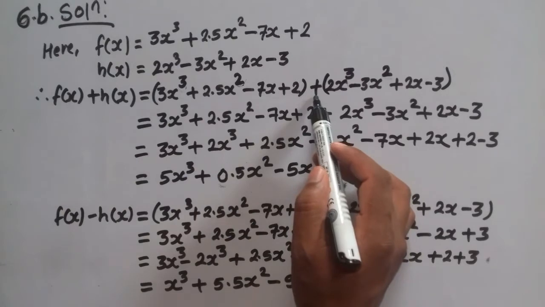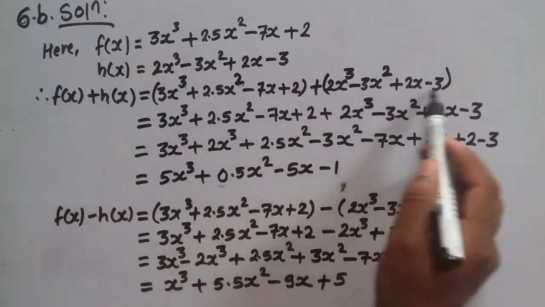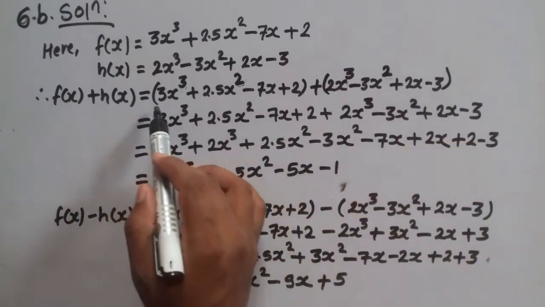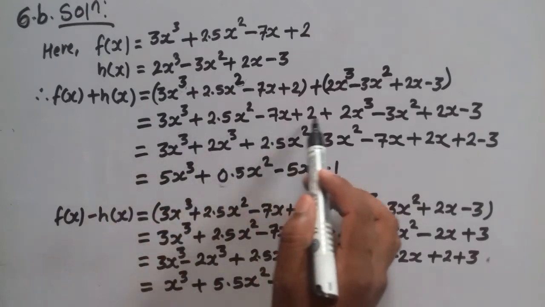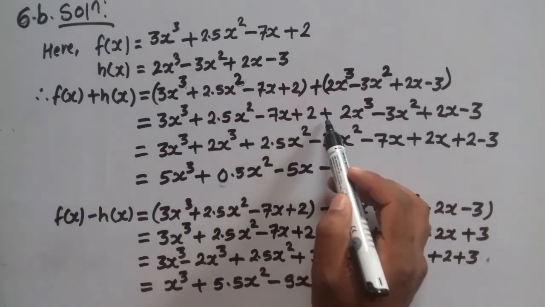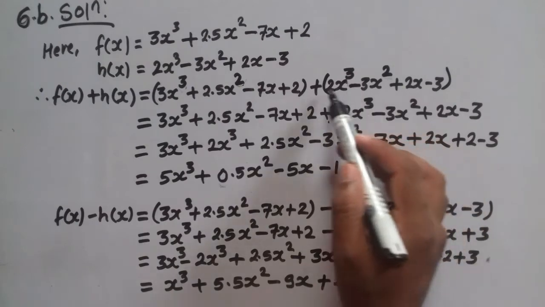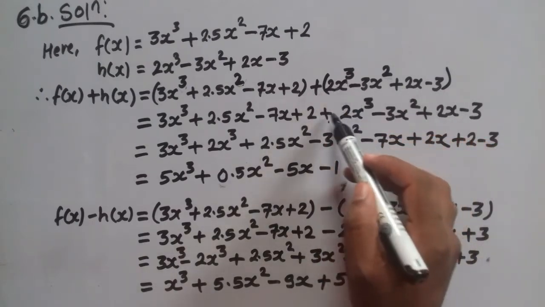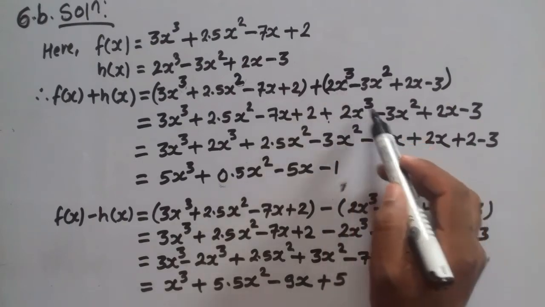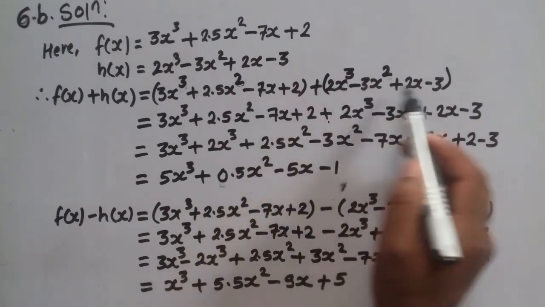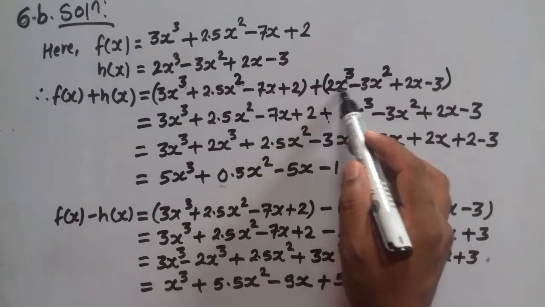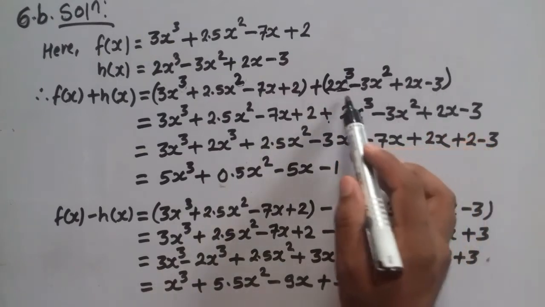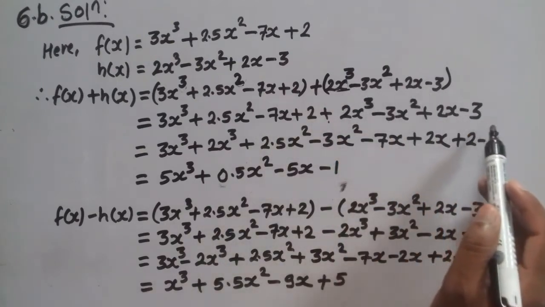This plus sign is here, then this h(x) is here, and then we have opened this bracket in this step, then this plus, then we have multiplied all this with this plus sign. Plus into plus is plus, plus into minus is minus, plus into plus is plus, plus into minus is minus, and all other terms are as it is.